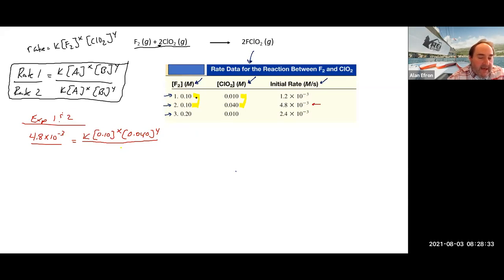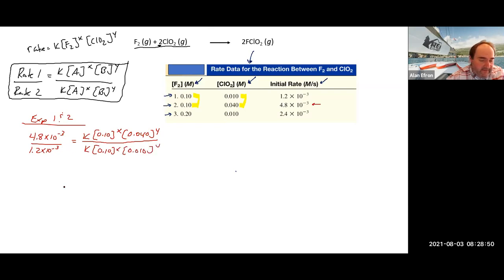I'm going to do the exact same thing and put everything from entry number 1 on the bottom. That gives me 1.2 times 10 to the minus 3 equals K, and 0.1 to the X and 0.01 to the Y.